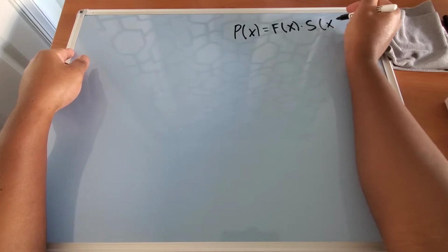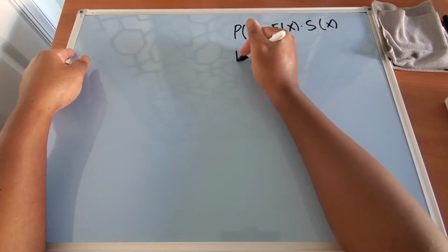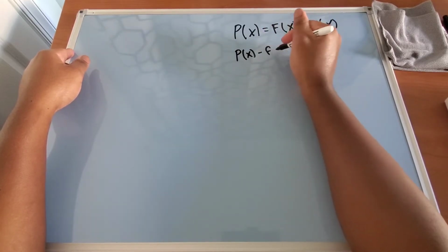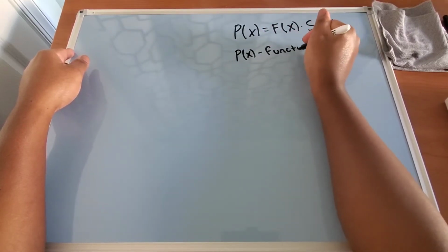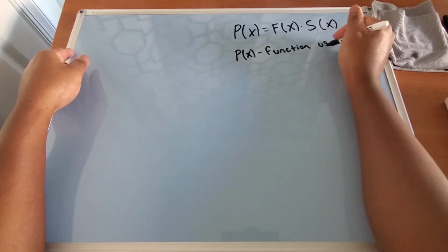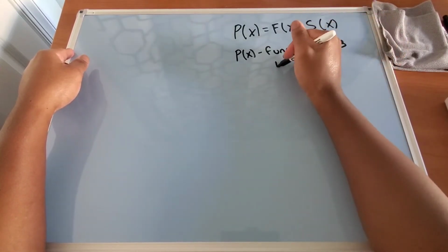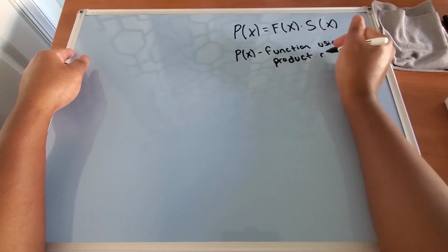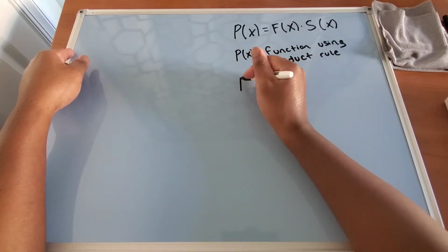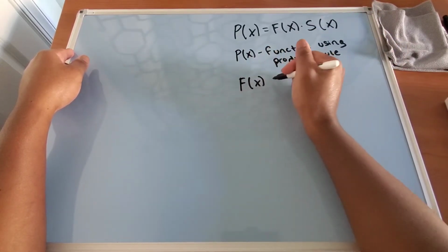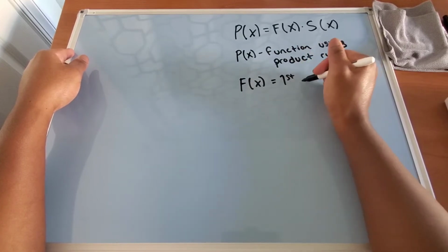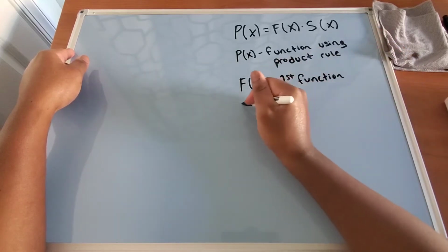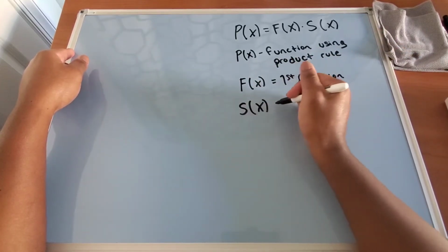To define some variables here, p of x will be our function that we're using product rule on. f of x and s of x will be our first and our second function. So f of x is our first function, and s of x is our second function.